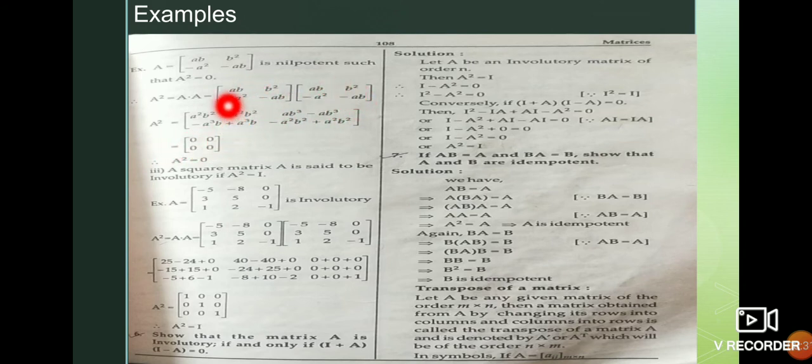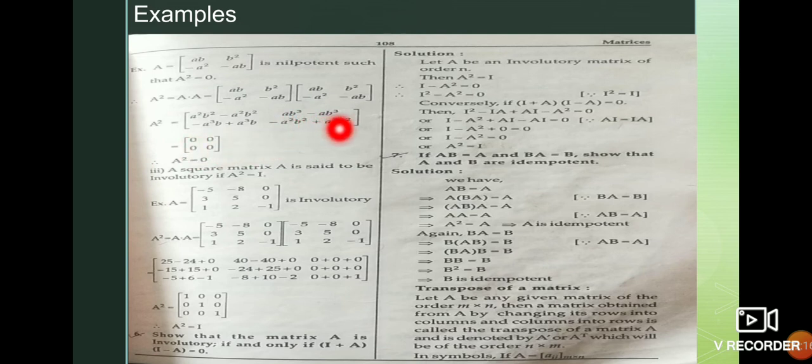A square is equal to the multiplication of both matrices: first row first column, first row second column, second row first column, second row second column, like that. A square is AB into AB, A square into B square, B square minus A square, AB cube minus AB cube, minus A cube B plus A cube B, minus A square B plus A square B square. That means A square B square minus A square B square is equal to 0.